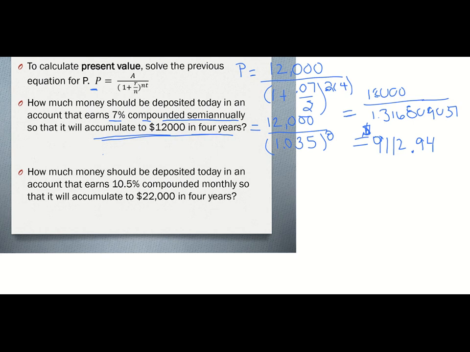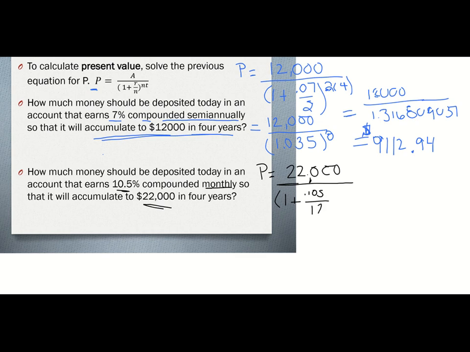So now for our last one, we want to know how much money should be deposited today in an account that earns 10.5% compounded monthly, so N would be 12, so that I have $22,000 in 4 years. So again, we're going to have P is equal to, and then I want $22,000, and it's going to be divided by 1 plus my interest rate of 0.105, or 10.5%.